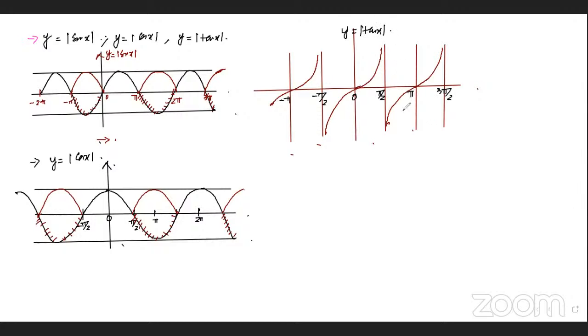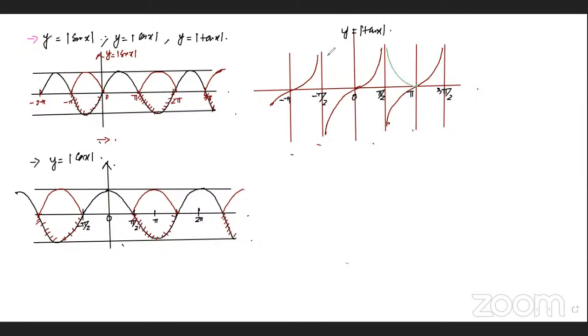The graph of this function will appear like this: the mirror image, what will it become? Here it rises and comes down like this.